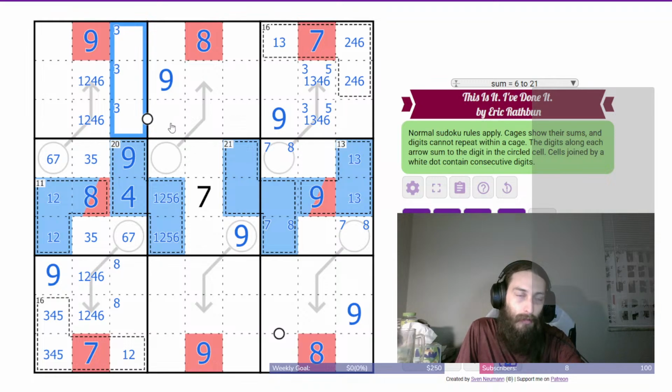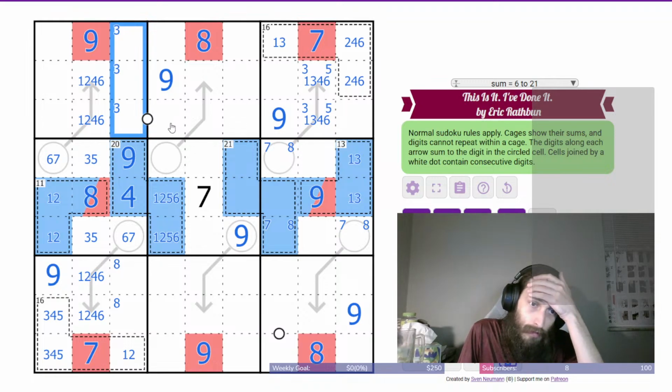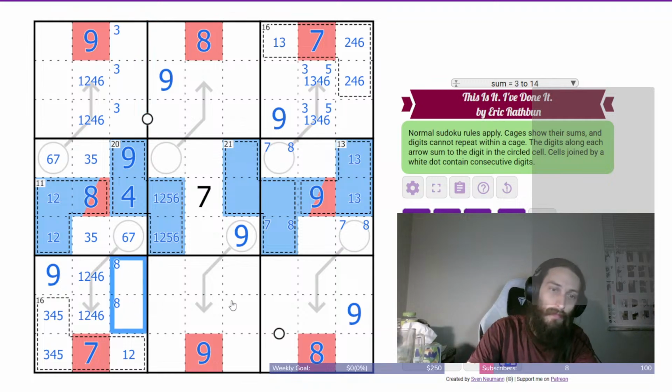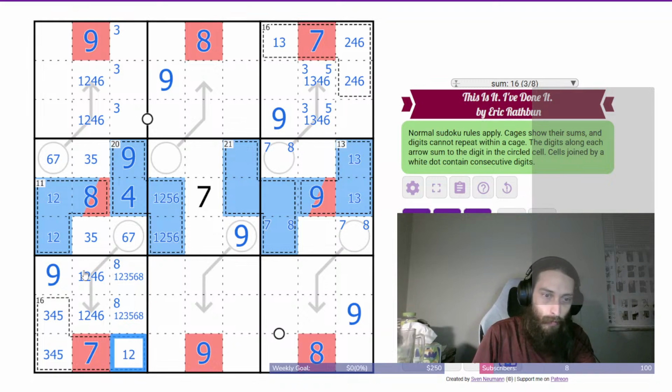3 ends up being in this column. Well, what is left over for these 2? 4, 7, and 9 are all out by Sudoku. 1 and 2 is paired up here. 3 is forced there.